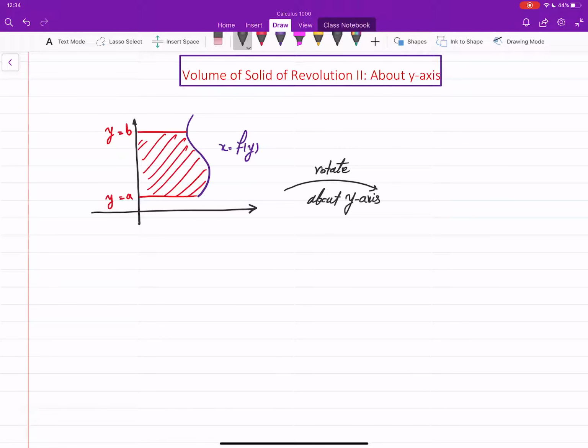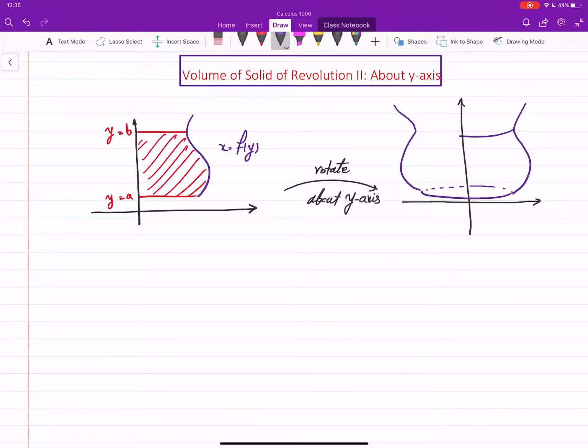Well, this is going to give us three-dimensional objects like this, which is again an object of revolution. The question is, what is the volume of such an object?